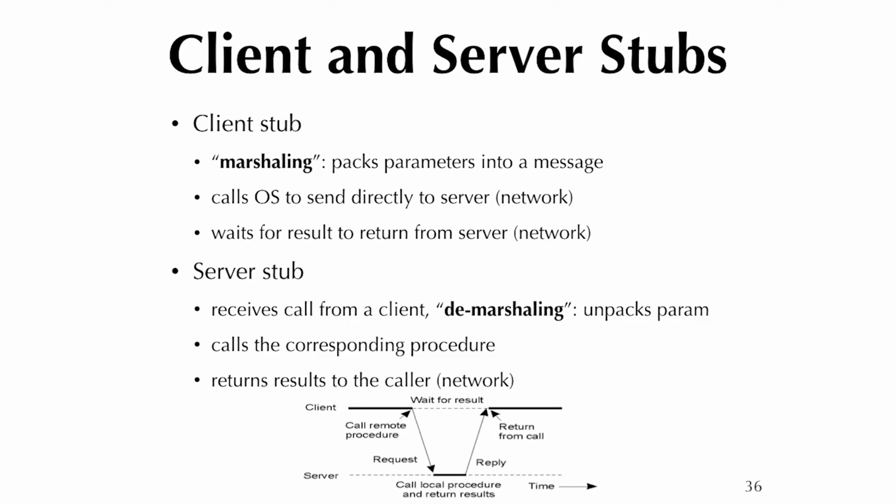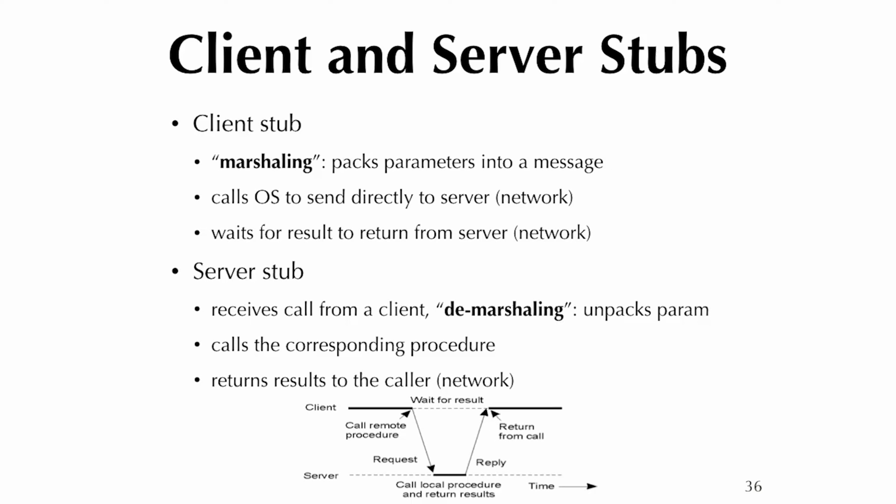So this kind of packaging and unpackaging is called marshalling and demarshalling. Marshalling means packing these parameters into a message, whereas demarshalling takes apart that packet and turns them back into data objects. It may have to do type checking as well, and also handle the different representations.